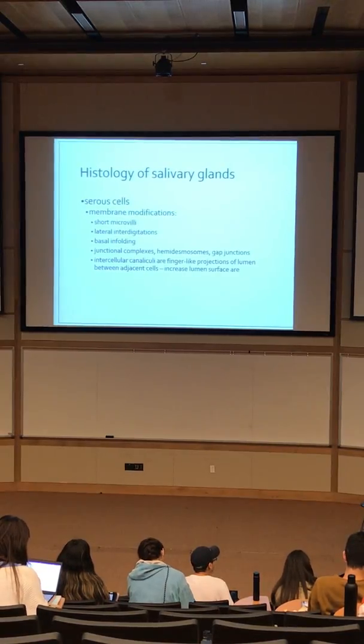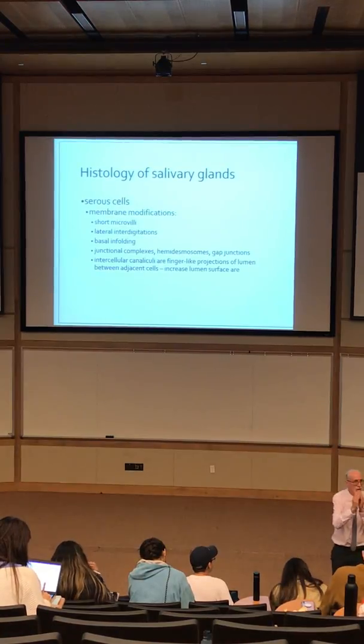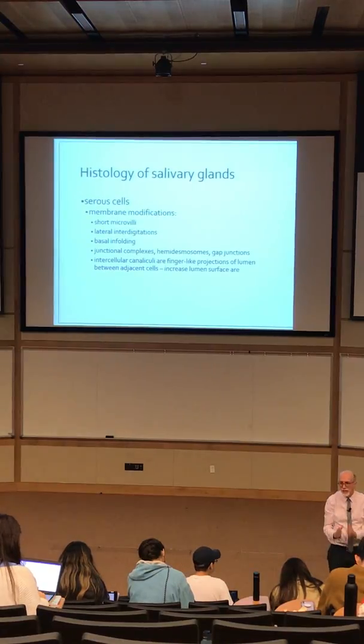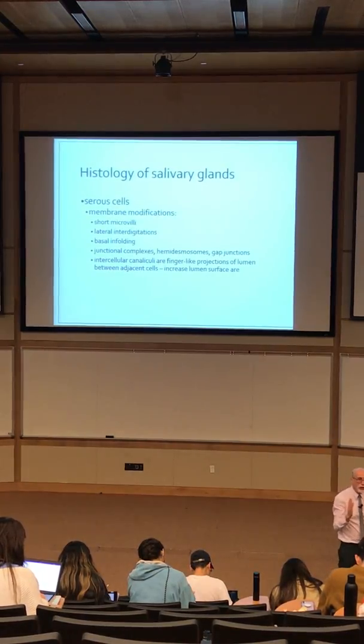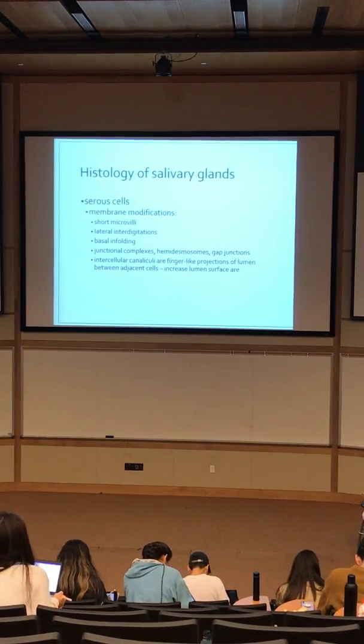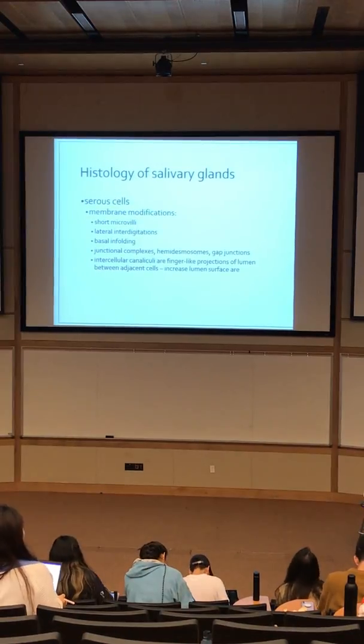Rather than being intracellular, what this means is that between adjacent cells, you have this extension of the lumen down in between the cells, and we call that an intercellular canaliculus. So don't confuse the two, they're different. And this obviously is going to increase the surface area for the release of saliva from these cells.